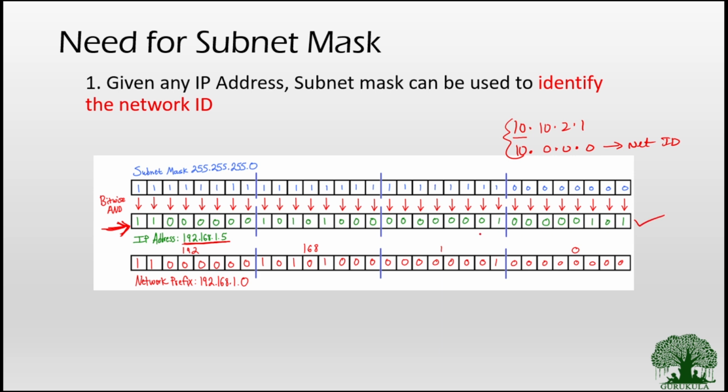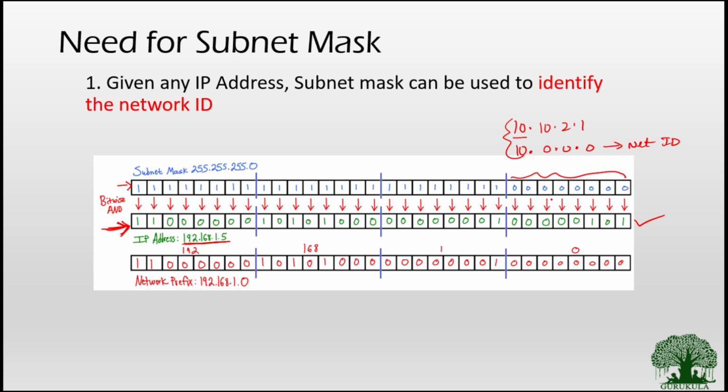When I put the binary representation of this IP address, I get this particular table. We know that this belongs to a class C IP address, and for class C the first 3 bytes represent the net ID, and the last byte represents the host ID.